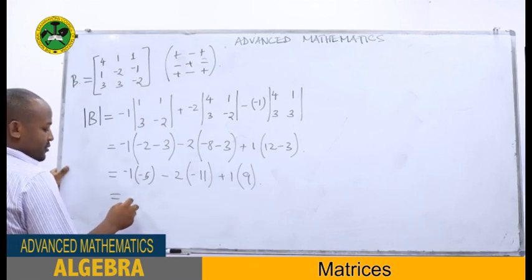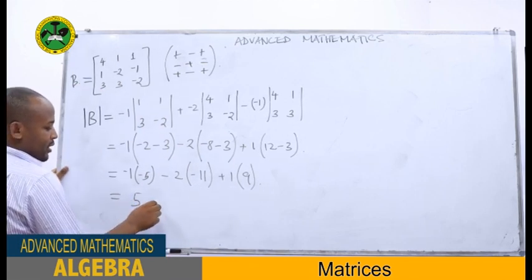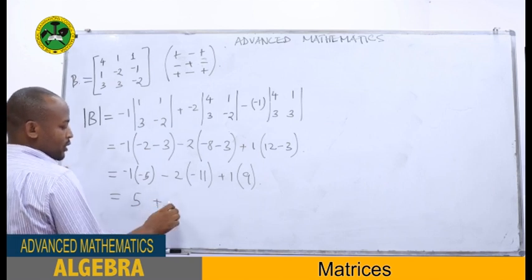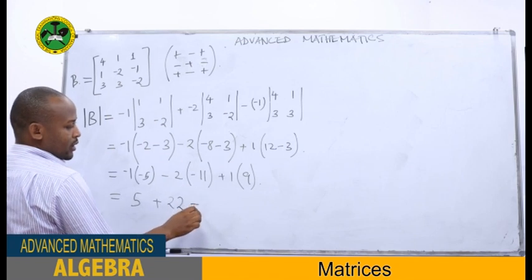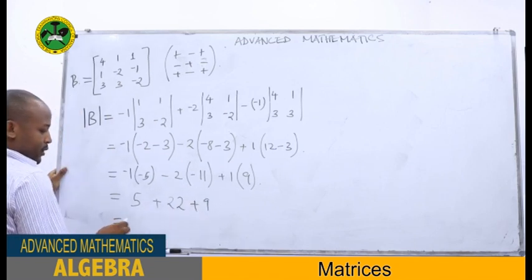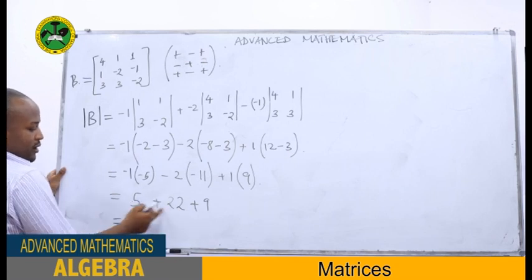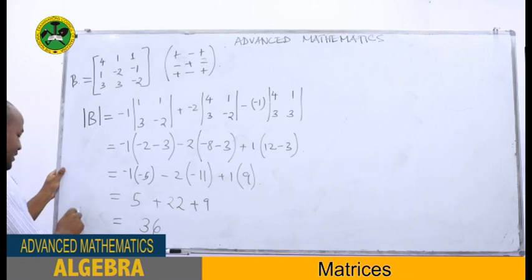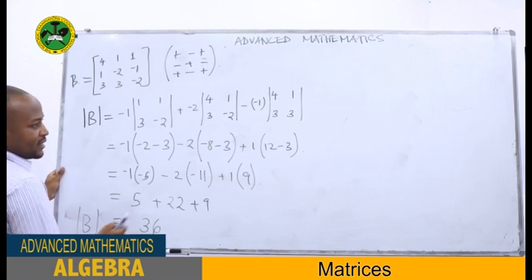There we have positive 5, plus 22, and then plus 9. Summing this, we have 27, then 36. That means the determinant of matrix B is 36.